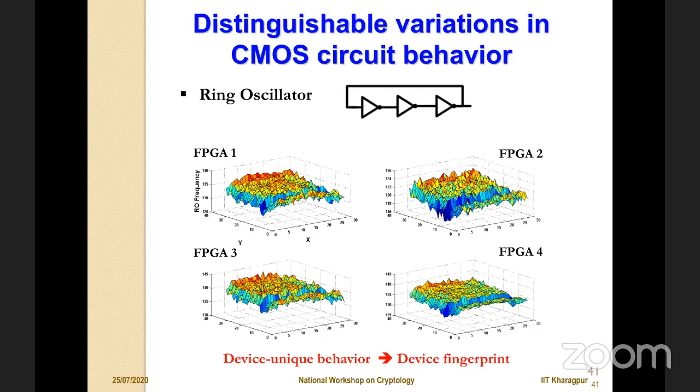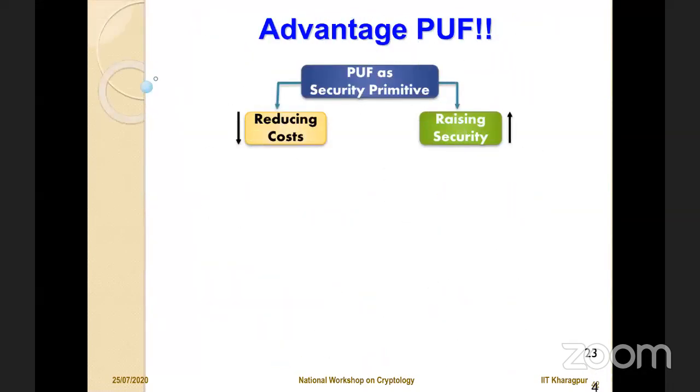The idea is that this unique behavior can be utilized to develop a device fingerprint, which can work as a very seamless, I would say keyless, mechanism of getting the fingerprint of the device, and can serve as an identity of the device. So as a security primitive, it can reduce cost and raise security.